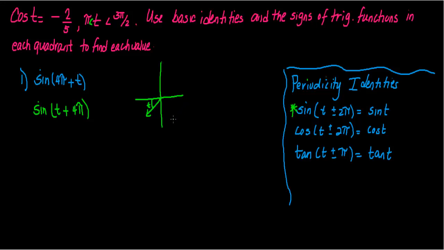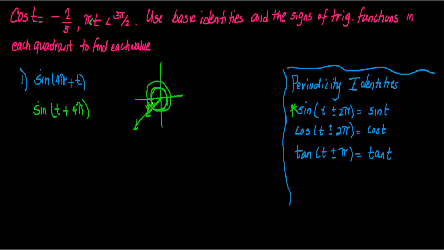And I'm going to show you why that's true. If this is t here, and I go around from t, if I go around one whole turn, I end up at the same angle I started on. If I go around twice, here's one turn, 2 turns, which is 4 pi, I end up at the same place.